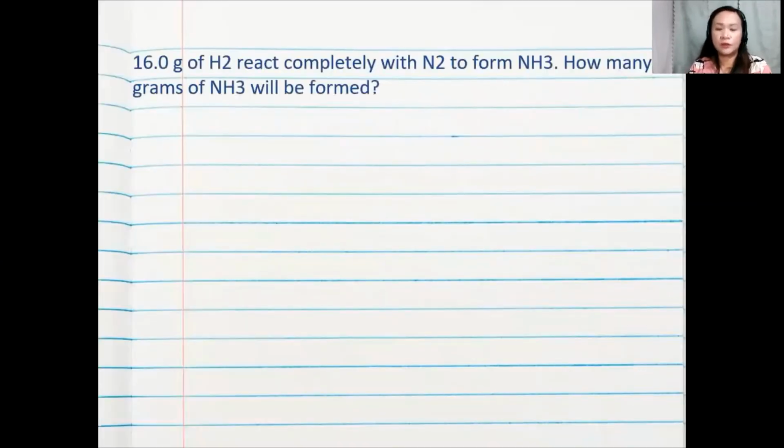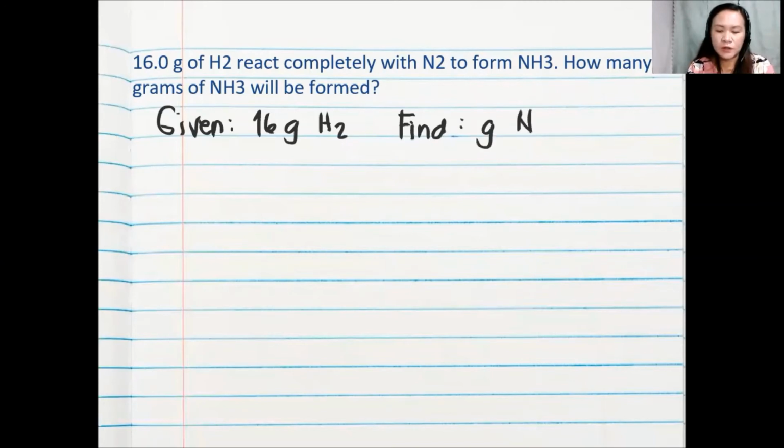Okay, so how are we going to solve this problem? So again, we put the given. That will be 16 grams of H2. And then we need to find the grams of NH3.